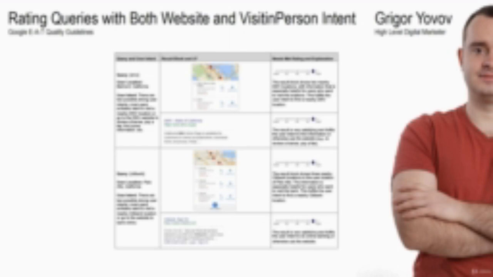User location Palo Alto, California. User intent: there are 2 possible strong user intents. Most users probably want to visit a nearby Citibank location or go to the website to bank online.